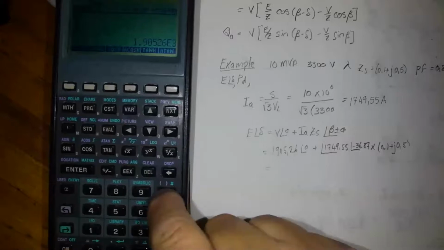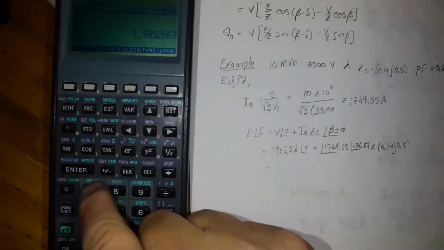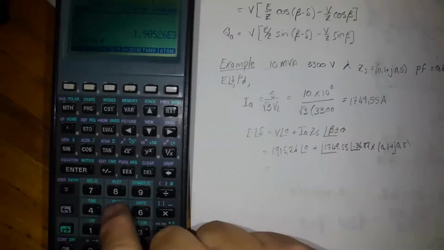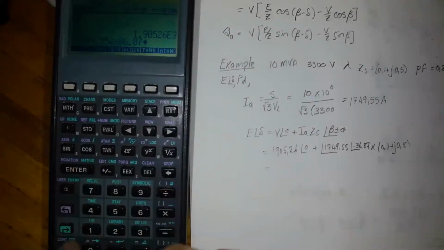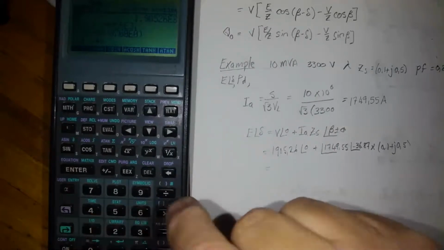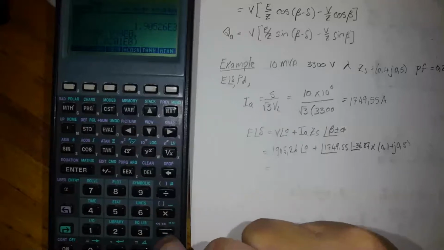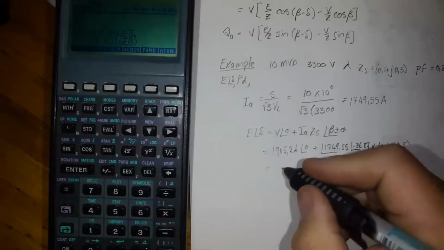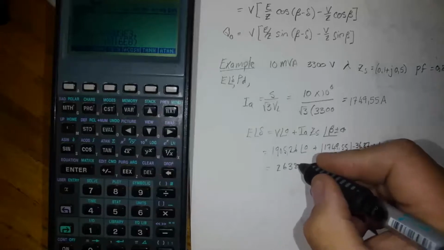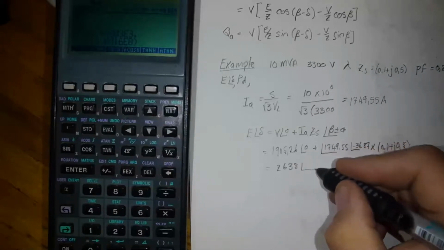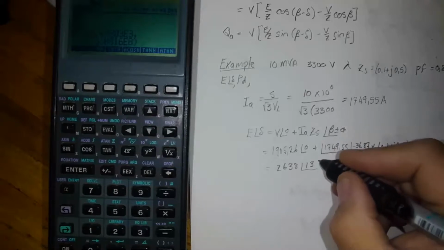So that gives us a voltage of 2638 at an angle of 13 degrees.